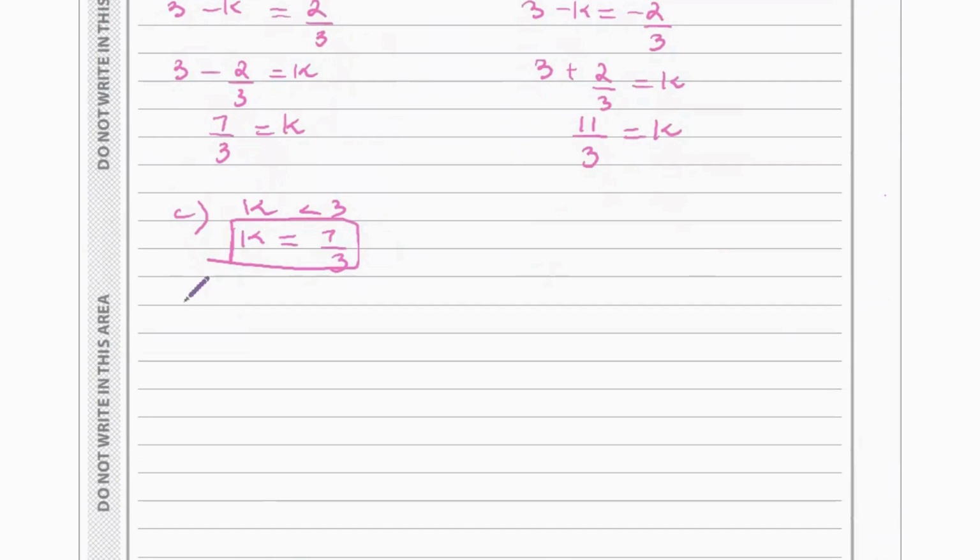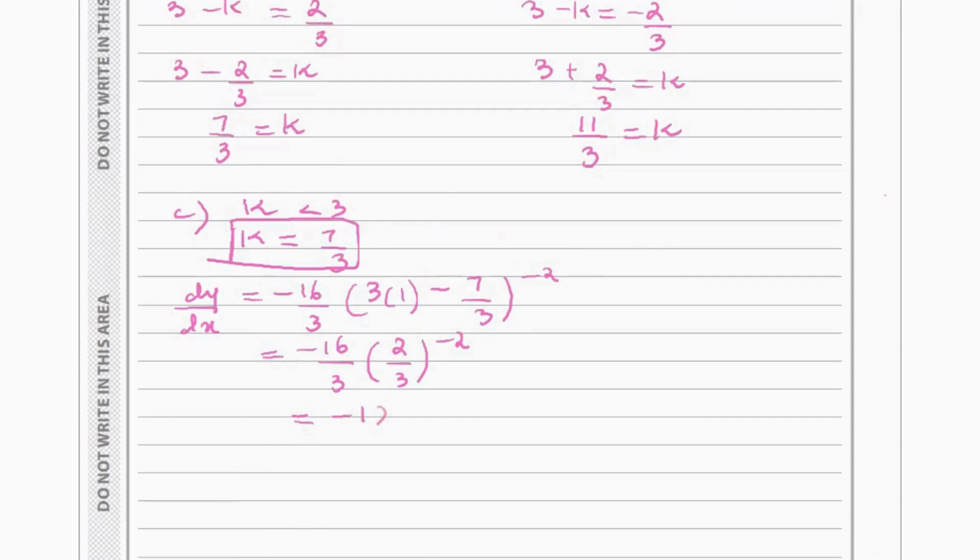So, since we're talking about the normal, dy by dx is going to be negative 16 over 3 times 3 times 1. X is going to be the same because we're still talking about point P. We're going to put in the value of k and find the value of dy by dx. That's going to give us negative 12.